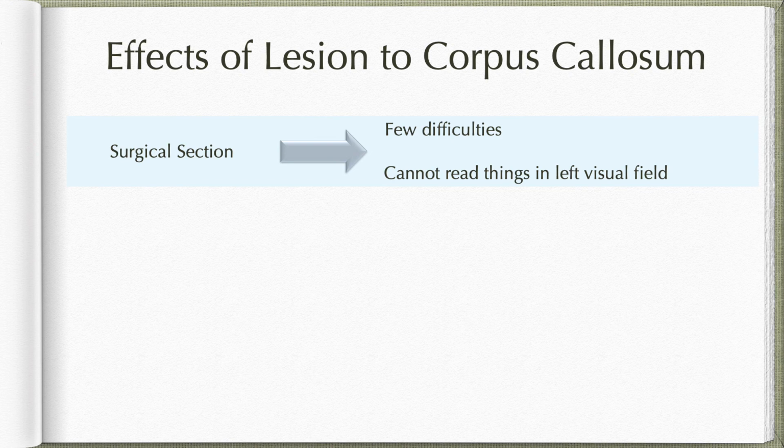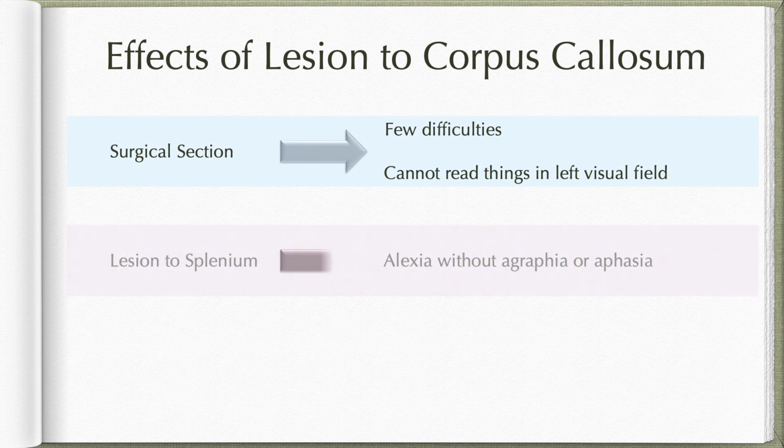Now that information has to be sent to the left hemisphere through the corpus callosum for the left angular gyrus, which is the reading center, to perceive. So that will be absent. Then we have lesion to the splenium, which will again result in alexia without agraphia or aphasia, because speech centers are not involved. So there is no agraphia or aphasia, but there is alexia. Again, the information is not being shifted from the visual field of the right side to the visual field of the left side.